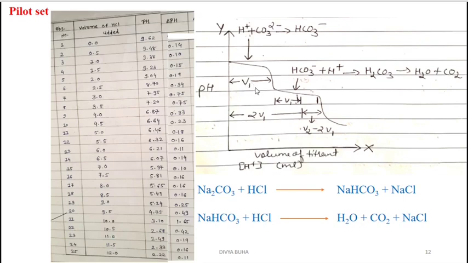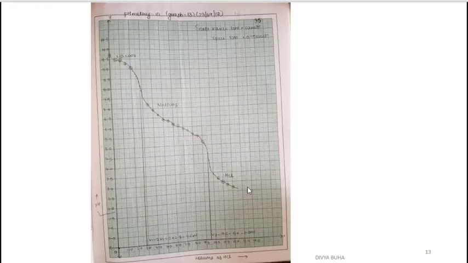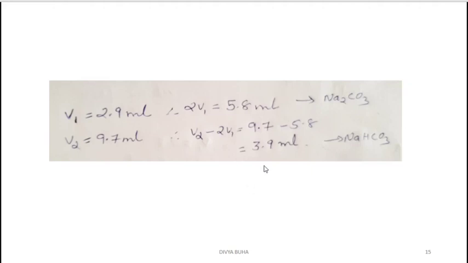If you take V1 two times, then that much amount of the HCl would be required for the complete neutralization of Na2CO3, right? So you have to take 2V1, that would be 2.9 into 2, which would give you 5.8 ml, and using this value you have to find out the concentration and normality of Na2CO3.